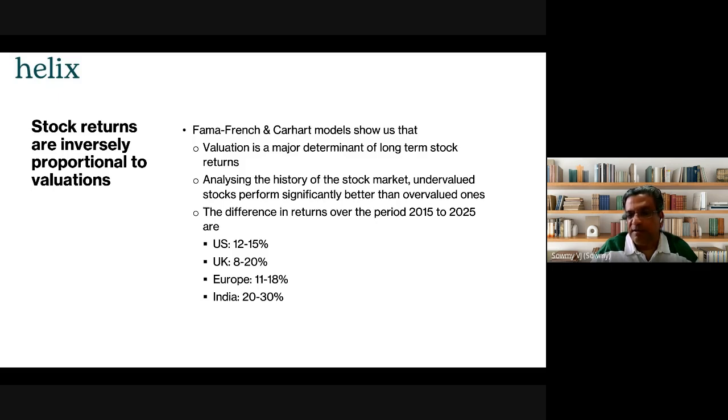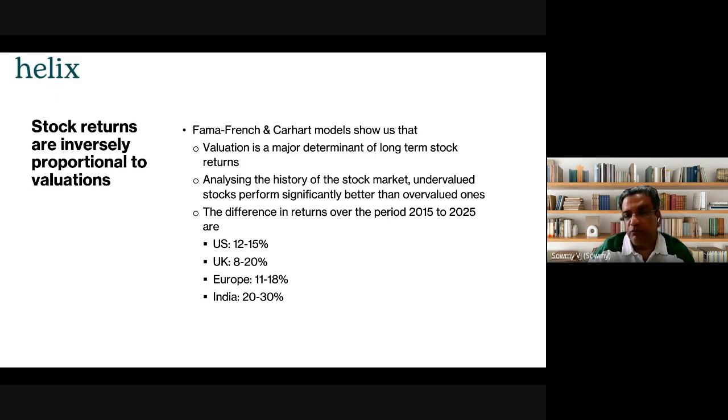Fama-French, basically researchers who created factor models first of all, and you also have Carhart, another researcher who took Fama-French, which is essentially two researchers, Fama and French, and went on to do further research on that.